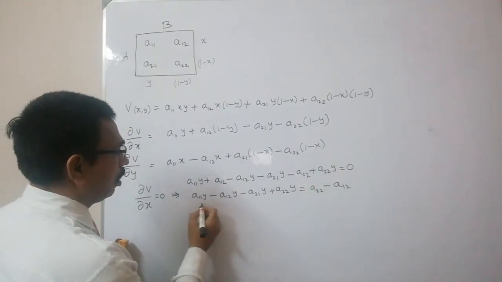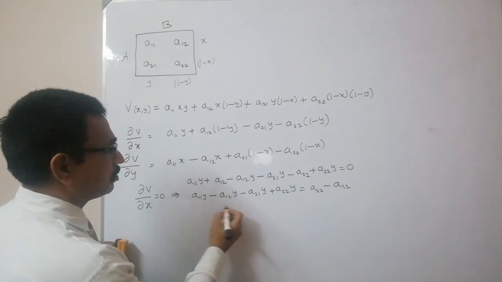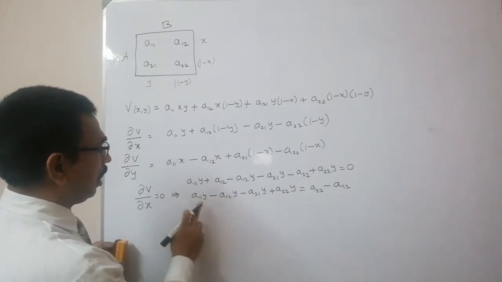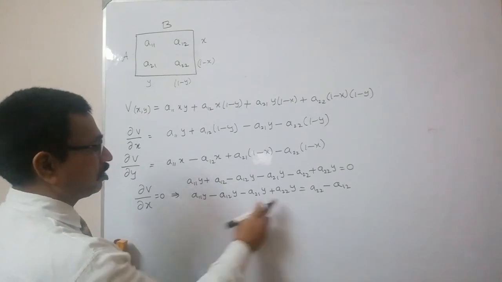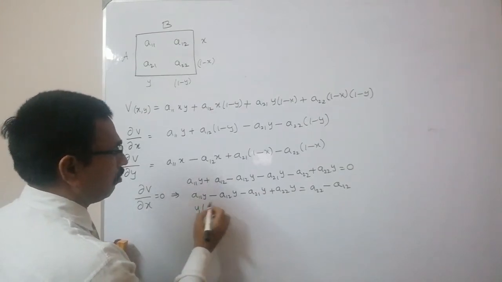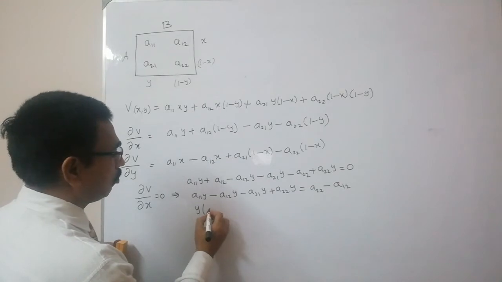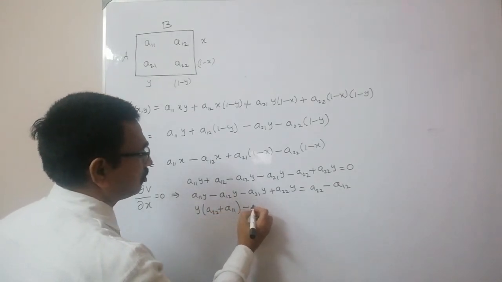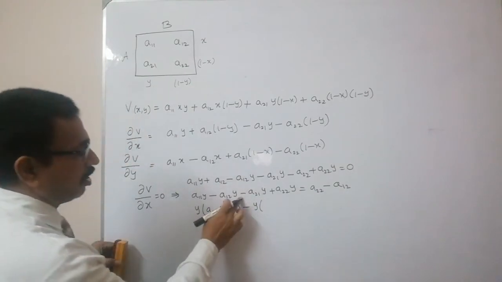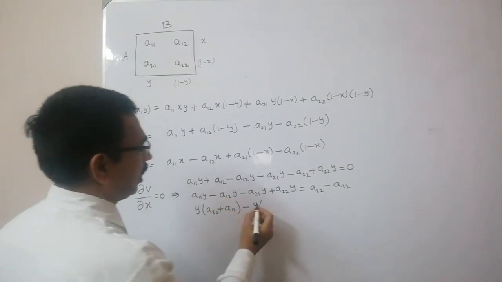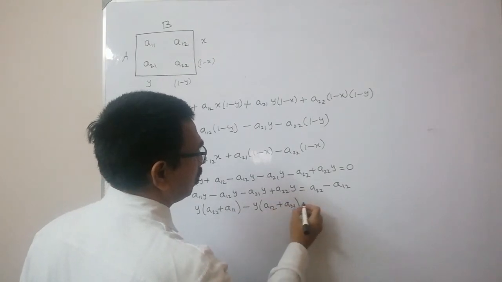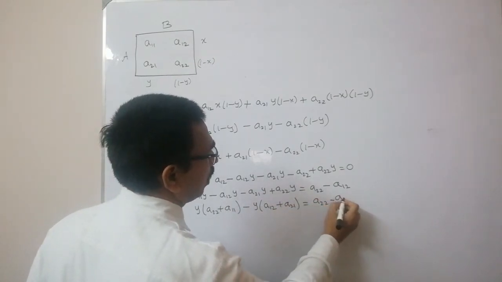Now taking y common in these terms, here we have a11 and a22 with positive sign, so let us combine these two, y into a22 plus a11 minus y, when taken common in these two terms, we will get a12 plus a21 equal to a22 minus a12.